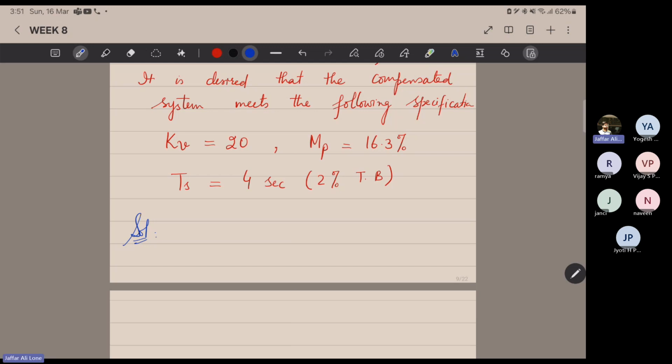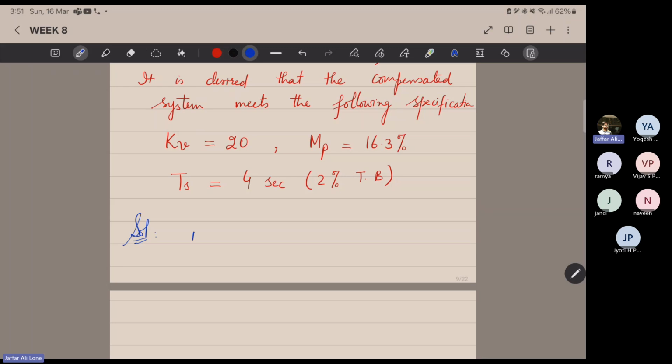If you have gone through the lectures, dominant poles are the poles that have the dominant contribution on the transient response of the system, and they often occur in complex conjugate pairs. So let me solve this question for you.